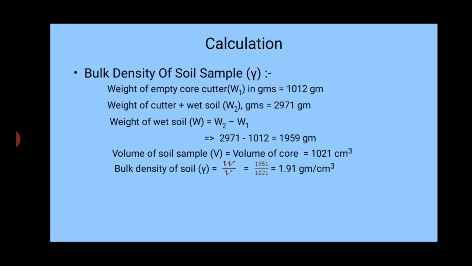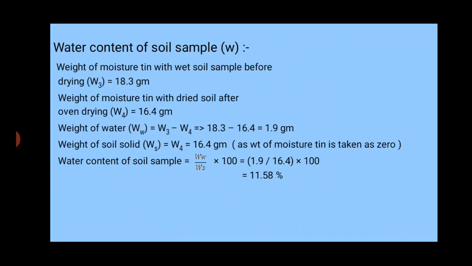After calculating the bulk density of the soil sample, the water content of the soil sample is calculated. We have the weight of moisture tin with wet soil sample before drying, W3, equal to 18.3 gram. Then the weight of moisture tin with dried soil after oven drying, W4, is equal to 16.4 gram. Then the weight of water is calculated as W3 minus W4, that is equal to 1.9 gram.